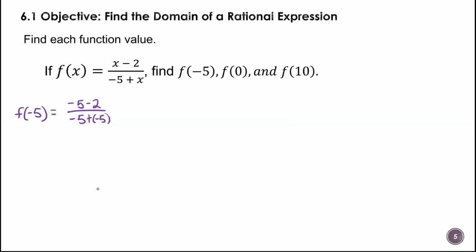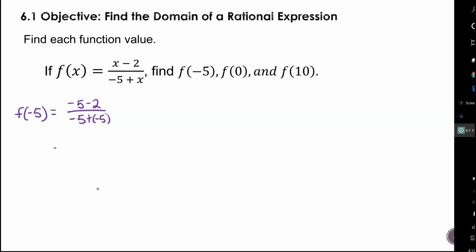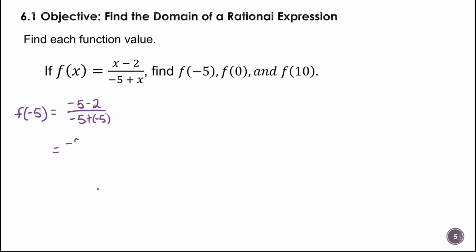And put parentheses around your substitution if needed. So for this one, my numerator is -7, my denominator is -10, so that would be 7/10, because negative divided by negative is a positive.